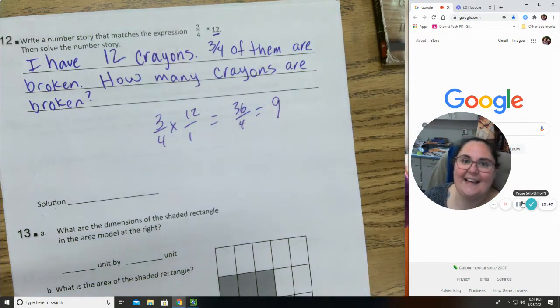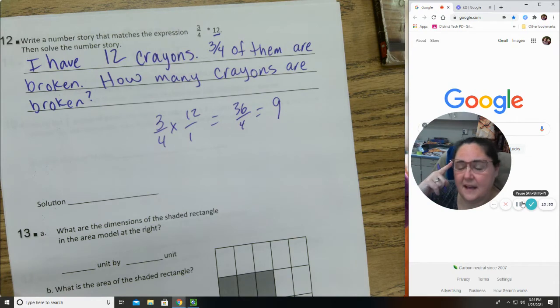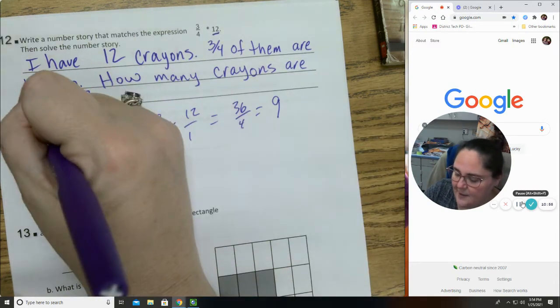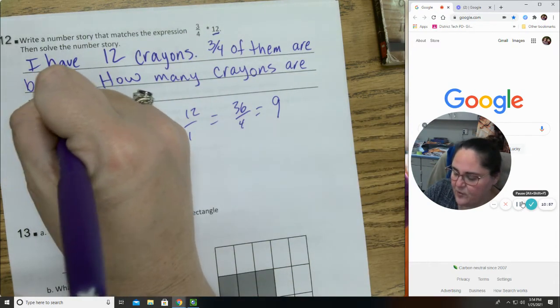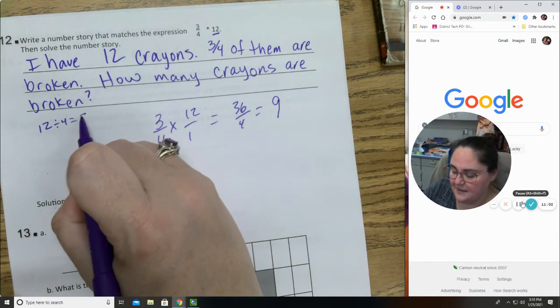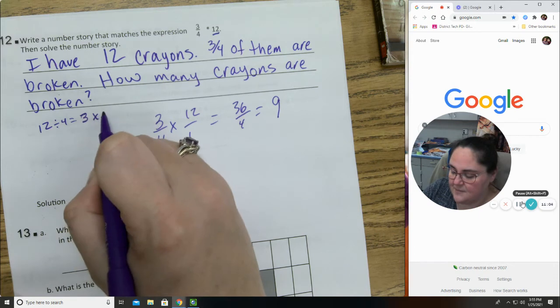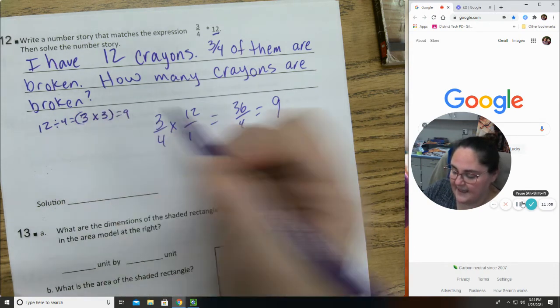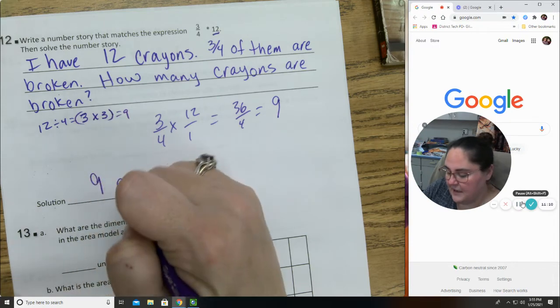Divide that and I get 9. That's my answer. Now let's double check. I'm going to do it the opposite way. 12 divided by 4, the bottom, I'm sorry, equals 3, times my top, which is my numerator, equals 9. So my answer is 9 crayons.